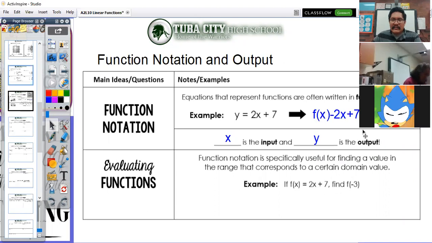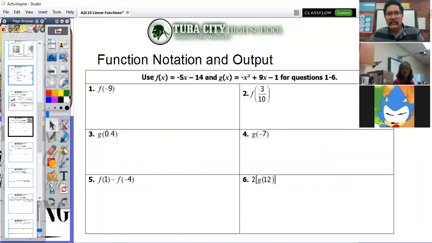Function notation is useful for finding a value for a certain domain. And I think it's easier to show that. So I'm going to wait till we get some examples before I begin evaluating the functions. So to evaluate them, you're going to plug in the number they tell you to use. So in this case here, they say f of negative 9.